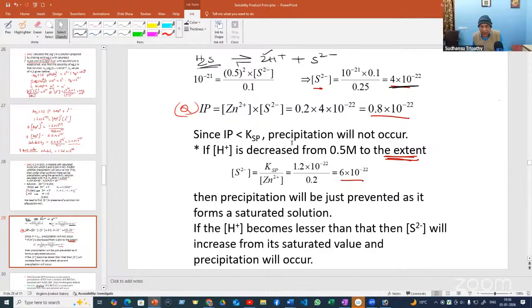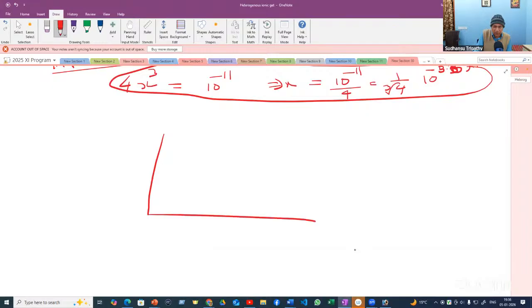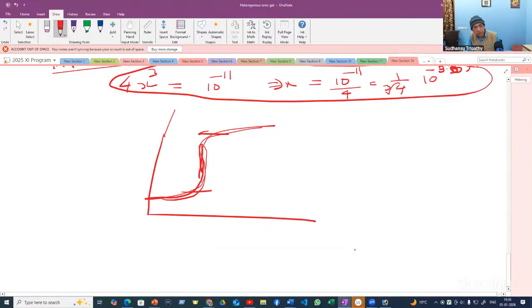And of course we discussed the theory of indicators. For indicators, there are 4 curves: the long horizontal portion, the vertical portion, along the pre-equivalence and post-equivalence, which is sharply vertical with 1 or 2 drops added. This is the volume of the titrant, say NaOH used in a burette, and this is the pH.